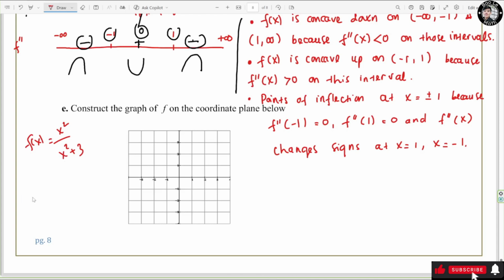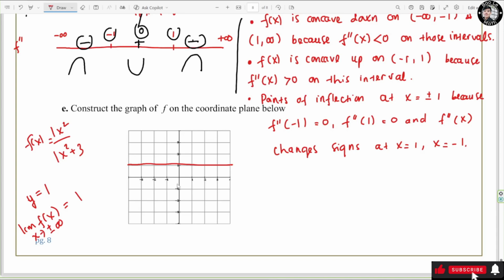So the function has the horizontal asymptote y equals 1, right? The coefficient right here is 1, the coefficient right here is 1, so 1 divided by 1. Or you can find the limit of the function f of s when s approaches positive and negative infinity, which equals 1, right? So the horizontal asymptote is right here.